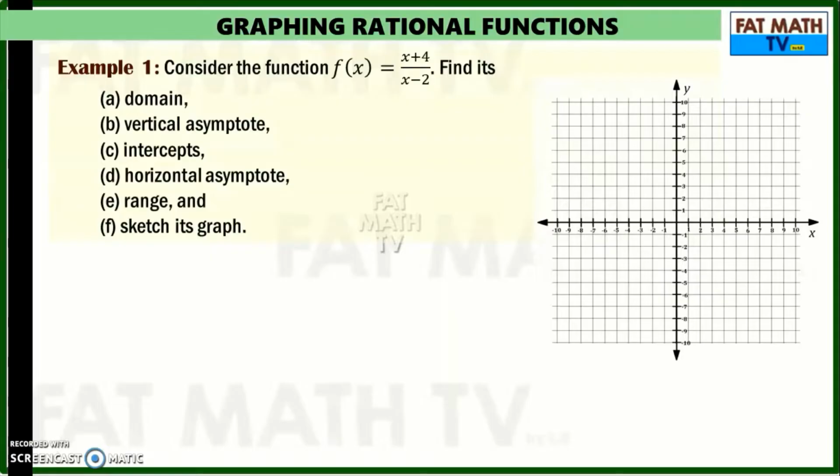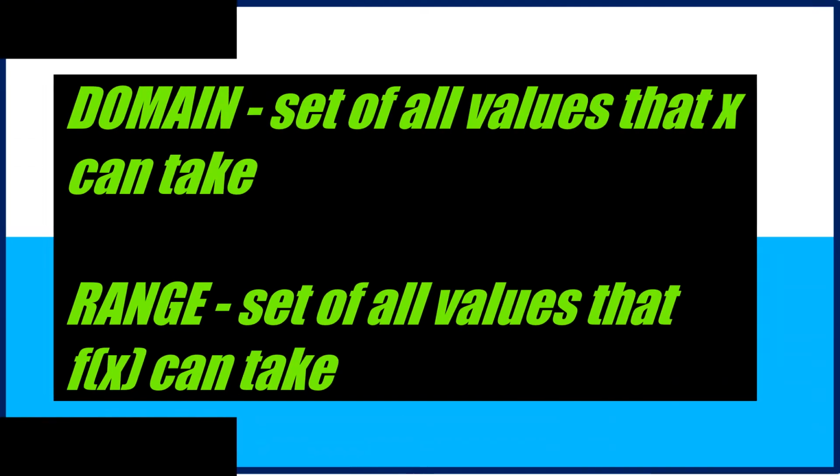Consider the rational function x plus 4 over x minus 2. So find its domain, vertical asymptote, the x and y intercepts, the horizontal asymptote, the range, and sketch its graph.